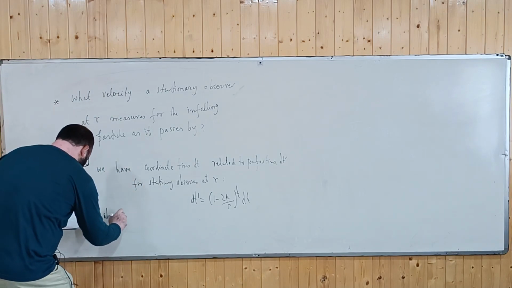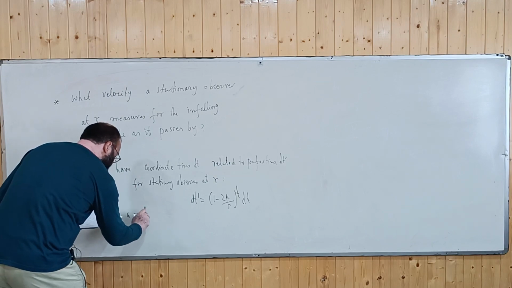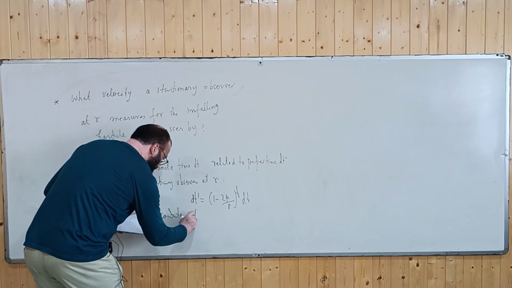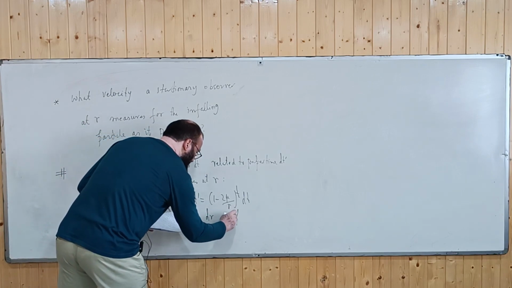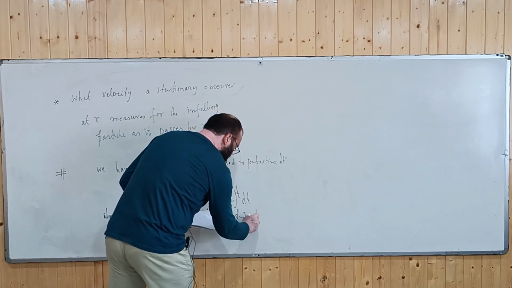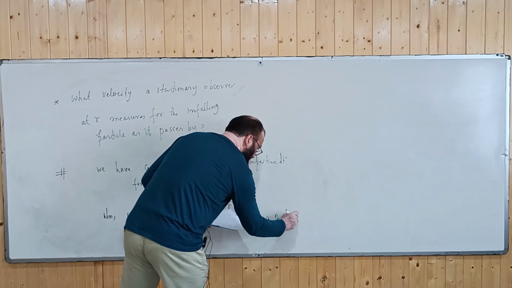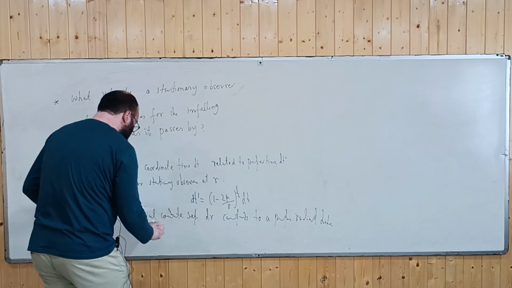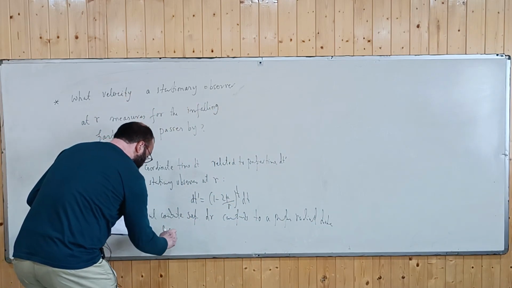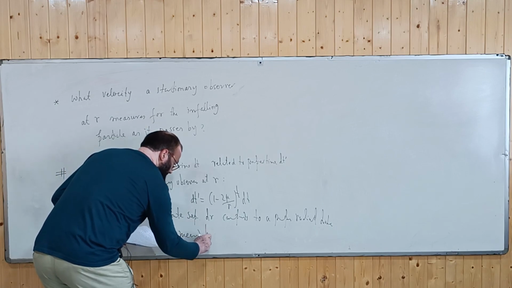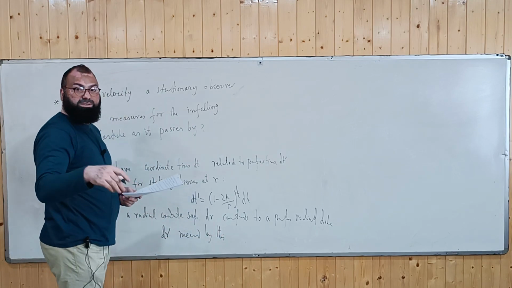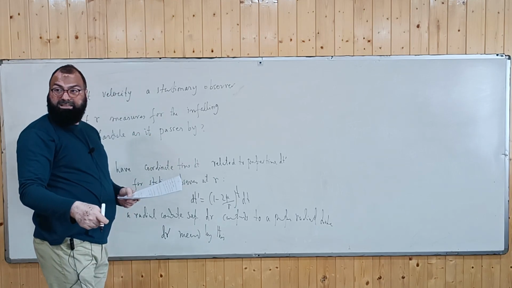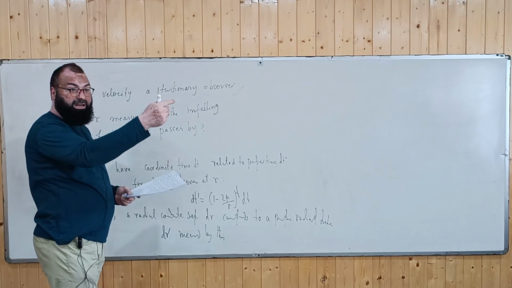Now what is the radial coordinate separation? A radial coordinate separation dr corresponds to a proper radial distance dr prime measured by this observer. Which observer? The one who is stationary, at rest. Suppose I am at rest in this geometry and the particle falls by, and I have to measure the velocity of that falling object.